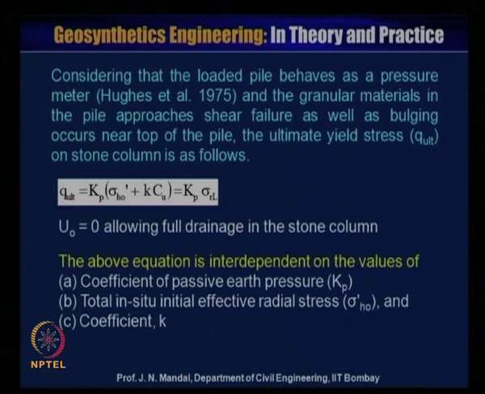Now, considering that the loaded pile behaves as a pressure meter, Hughes et al. 1975, and the granular material in the pile approaches shear failure as well as bulging occurs near the top of the pile. The ultimate yield state Q ultimate on the stone column is as follows.